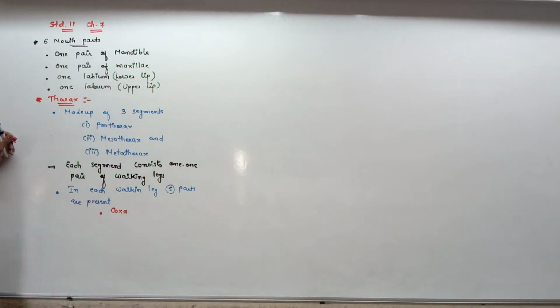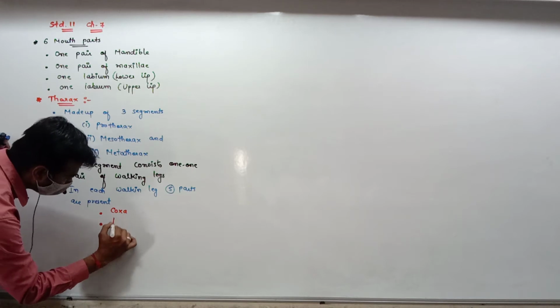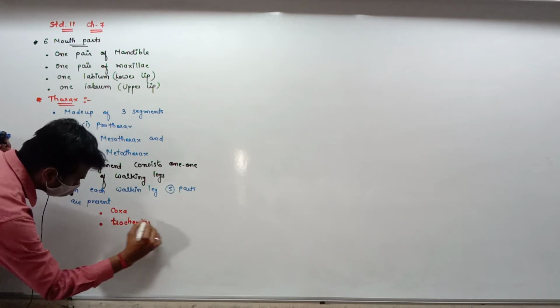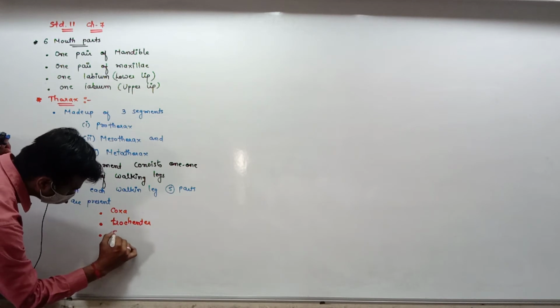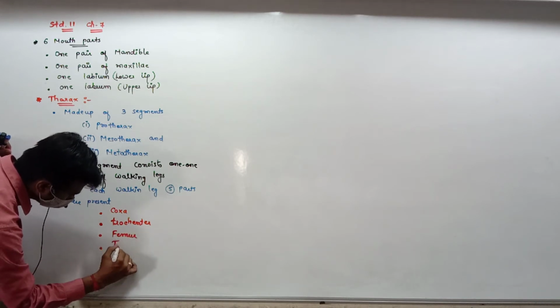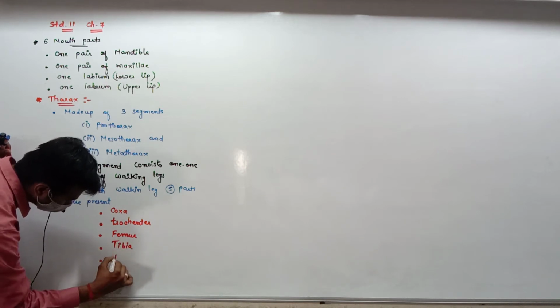The first portion of the walking leg is coxa. Second is trochanter. Third is femur. Fourth is tibia. And fifth is tarsus.